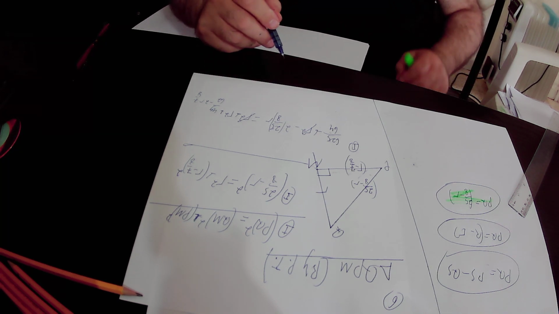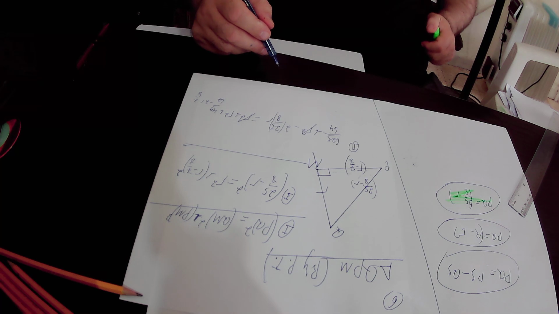And here we have minus 2 times 25r over 8.